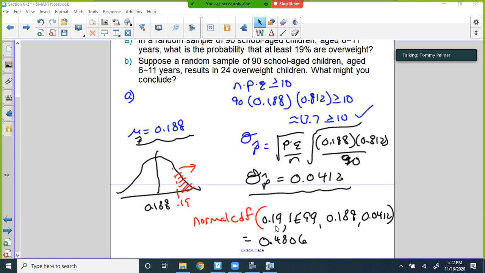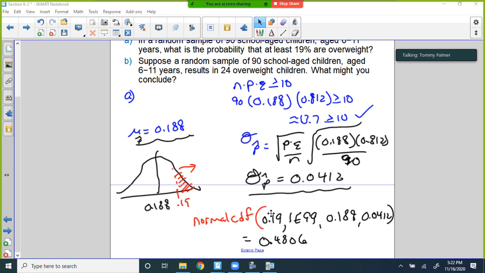So you could do this with the lower bound being 0.19 and everything to the right, or you could do the -1e99 up to 0.19 and then subtract it from 1. They'd still give you the same answer. Now, the 0.4806, what does that mean? That's the area under the curve. It's the probability of the sample proportion, right?